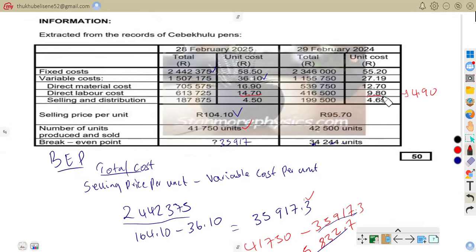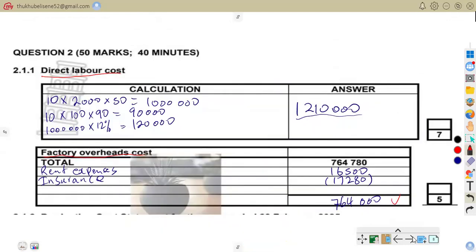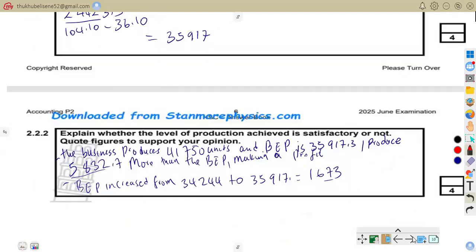We can see our direct labor cost has increased. So the business has incurred expenses because from 2024 to 2025, it has increased by 490. So that is what we are to write on our answer book.